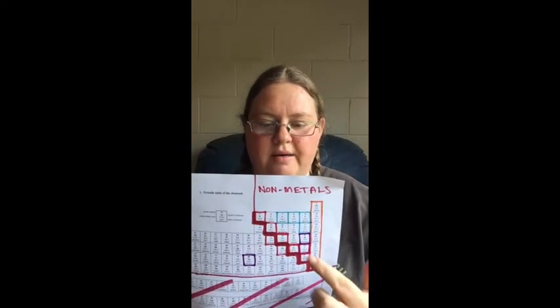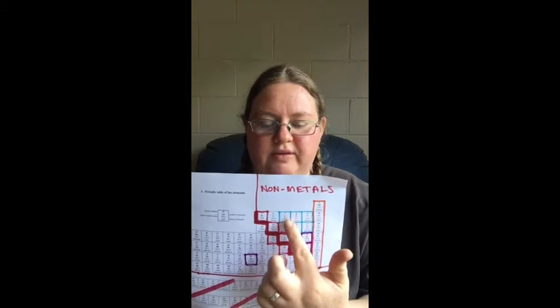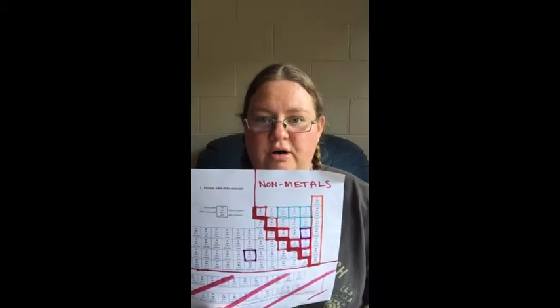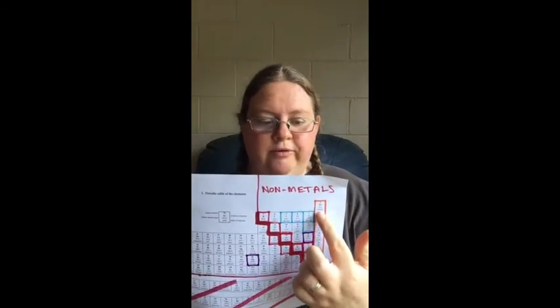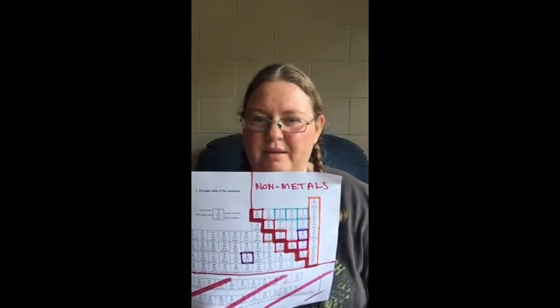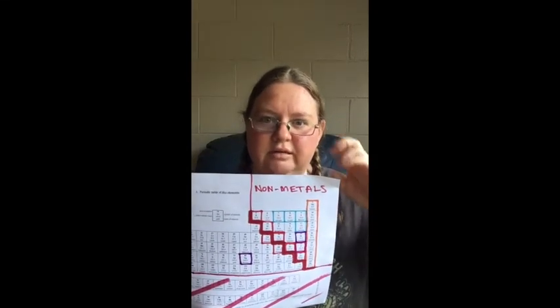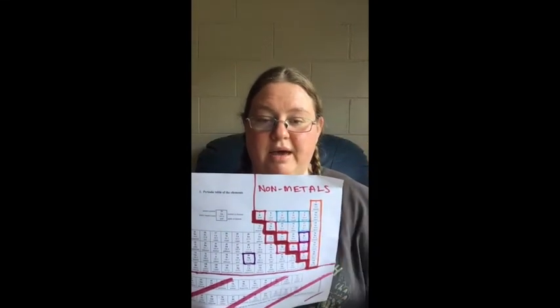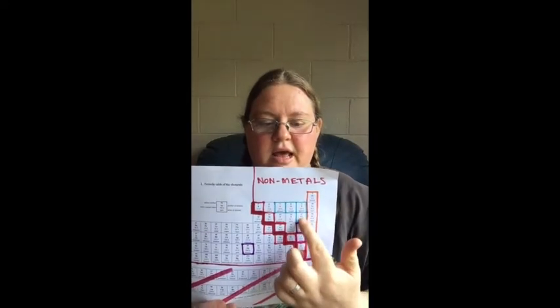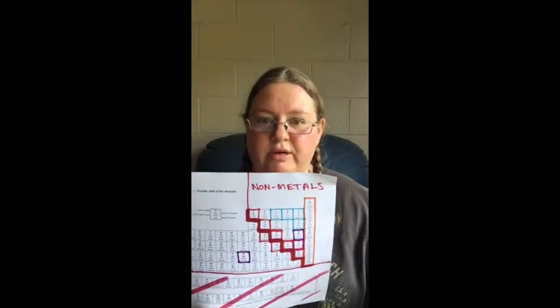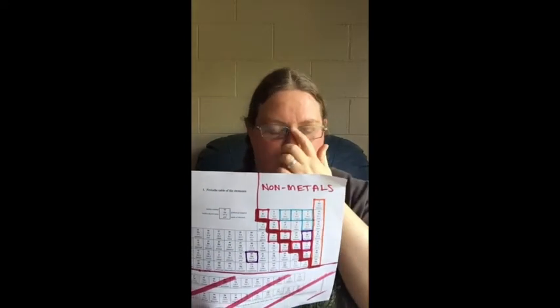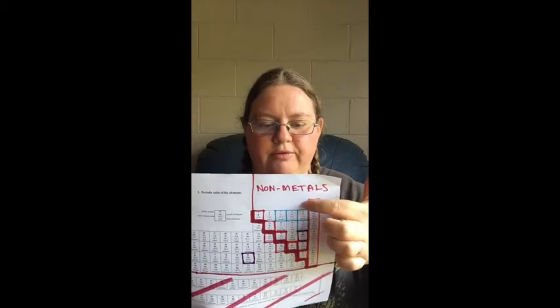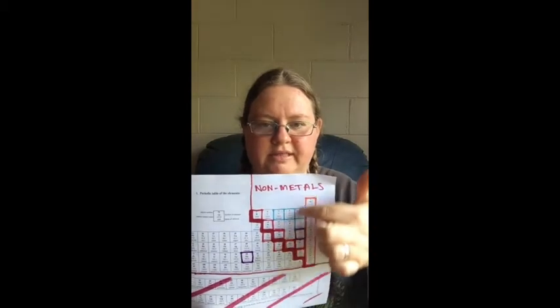Nitrogen gas makes up a large proportion of the gas that we breathe. Oxygen is the oxygen that we need to live. Fluorine gas you probably won't come across very often in everyday life, but you may definitely come across it in chemistry. And chlorine gas, that's what you smell when you go to the pool, and that's also a gas.